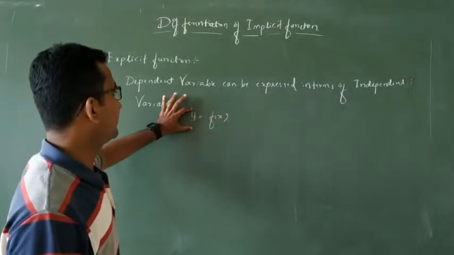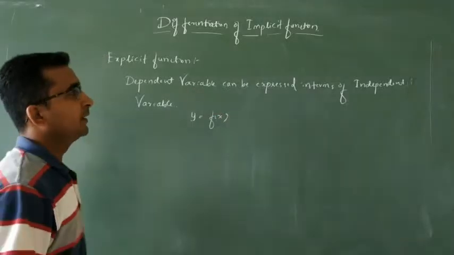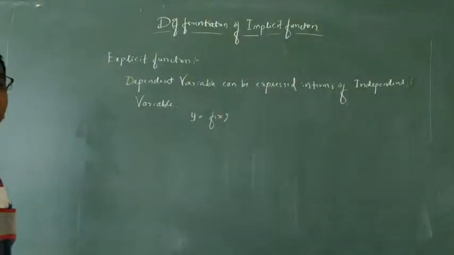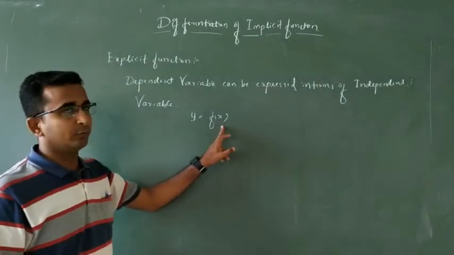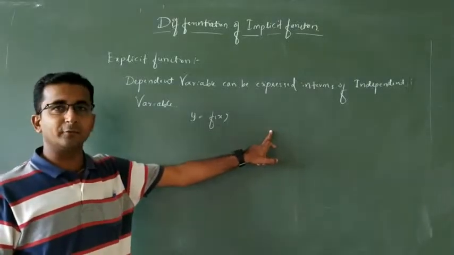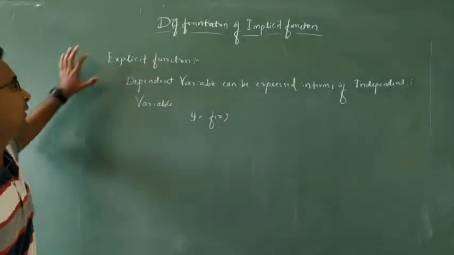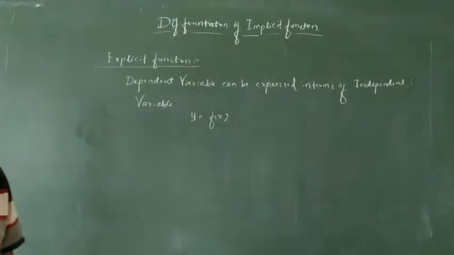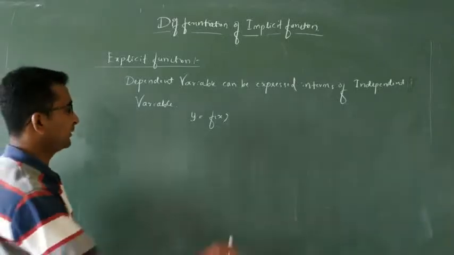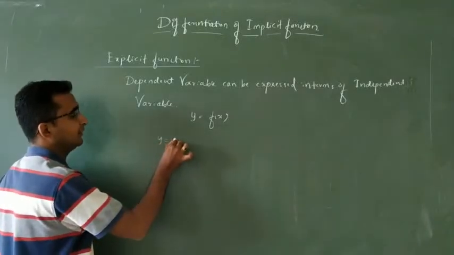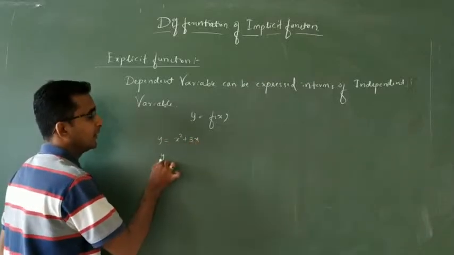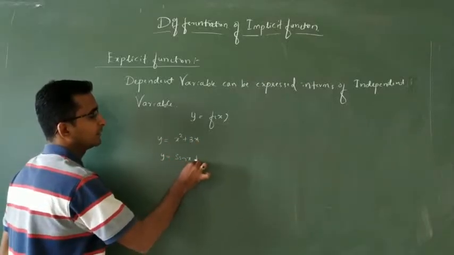So the dependent variable can be expressed in terms of the independent variable. In a simple way, we can say y is equal to whatever the function gives, and that is your explicit function. For example, we already saw functions like y is equal to x square plus 3x, y is equal to sin x plus 4.